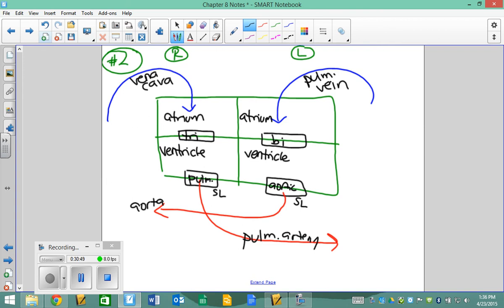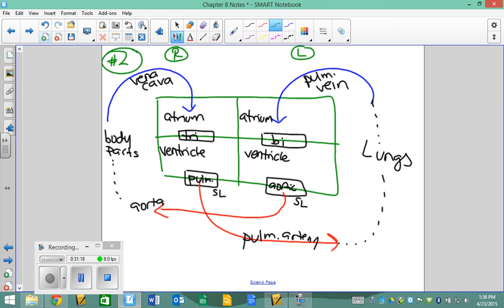And if I were to connect this, because your circulatory system is a continuous loop, I would say that my lungs are right here. That's the connection between my pulmonary vein and my pulmonary artery. And I would say that my other body parts, any other organ, would come off of a branch of the aorta. And that's how I could follow a continuous path of blood through the heart.